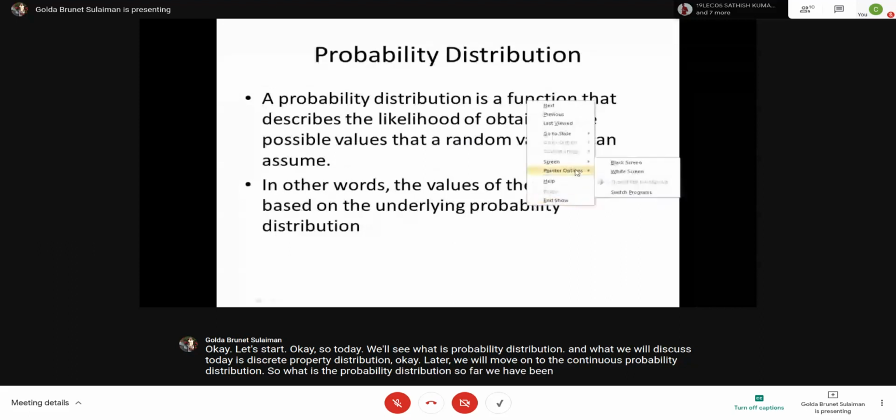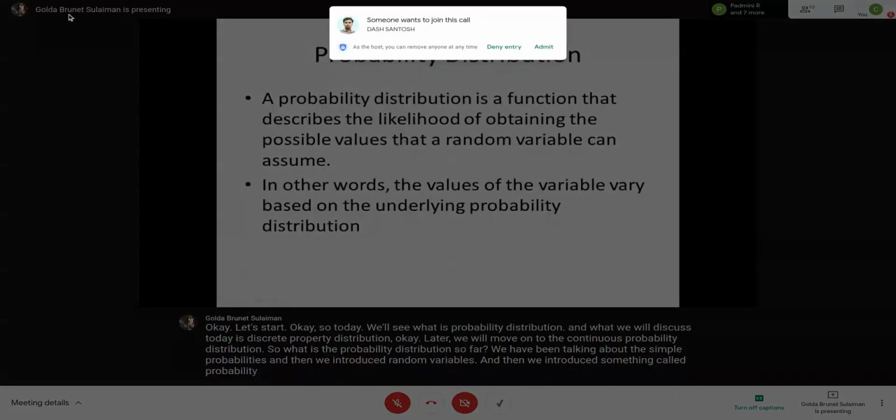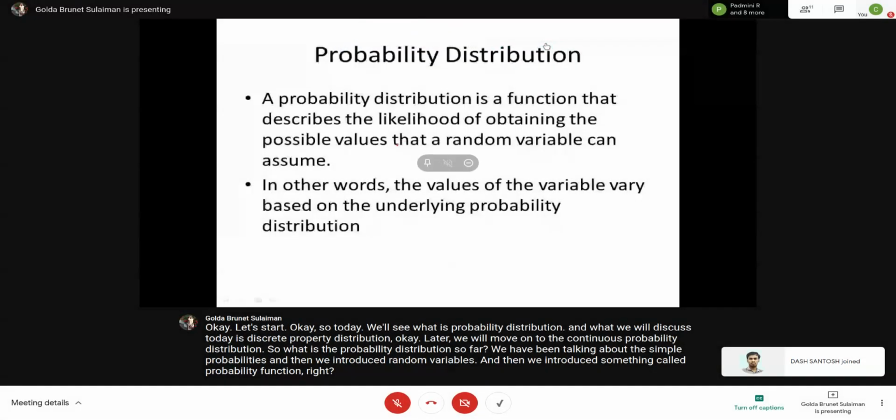So far we have been talking about the simple probabilities, and then we introduced random variables, and then we introduced something called probability function, right? What is a probability function? If you remember, can somebody say?